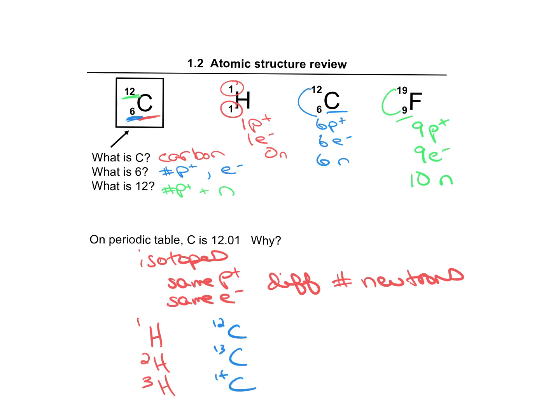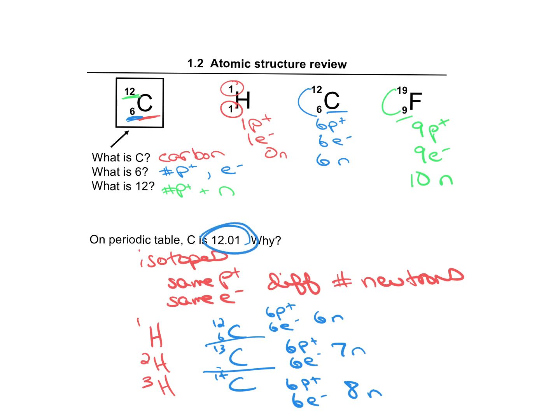Knowing that we have an atomic number of 6, that means in the first case we have 6 protons, 6 electrons, and 6 neutrons. In our second example, it's still 6 protons and 6 electrons, but now we have 7 neutrons. And in the third case, 6 protons, 6 electrons, but 8 neutrons.